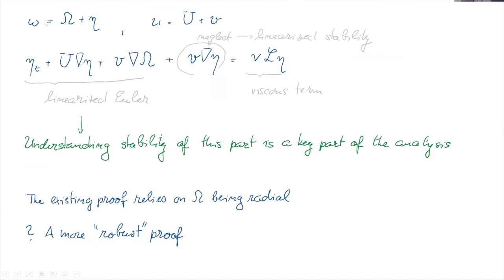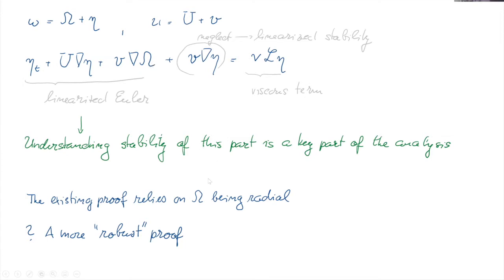So when we do that, we of course write the solution as omega plus a small perturbation, the same for velocity, and this is the equation for the perturbation. And one can look at it from different perspectives. For example, one can think about just the stability of the Euler part, which is a classical result, which was already studied by Rayleigh, where they focused on the mode analysis and proved that there are no growing modes, and it can also be studied in more detail at the level of the linearized equation.